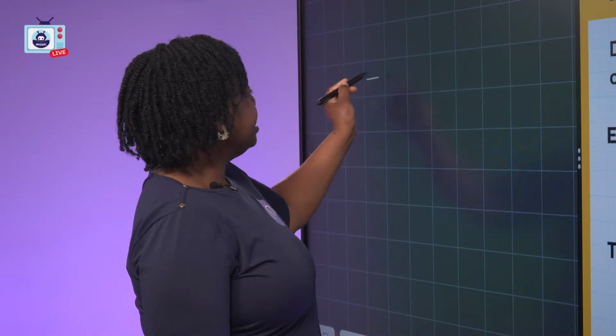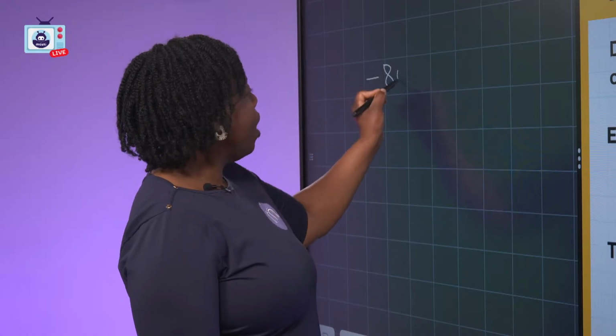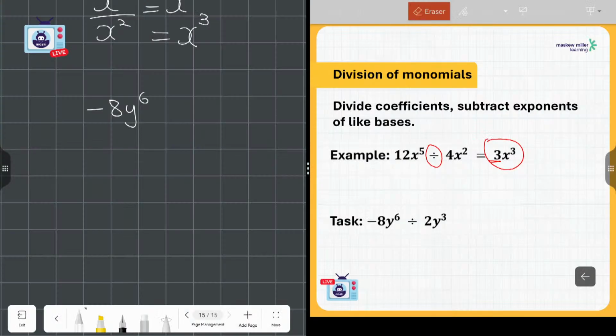We have negative 8y to the exponent 6 divided by 2y to the exponent 3. These two as well, we're going to apply the same rule that we did. If I had negative 8 and I'm dividing it by a negative 2, a negative divided by a negative will give me a positive.